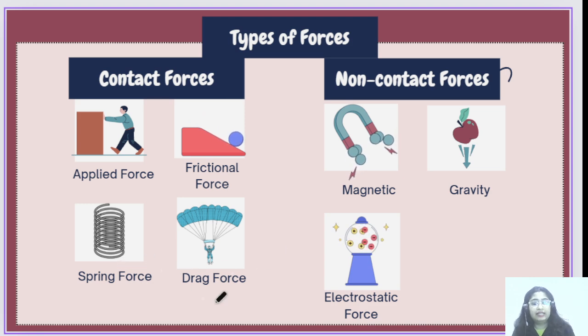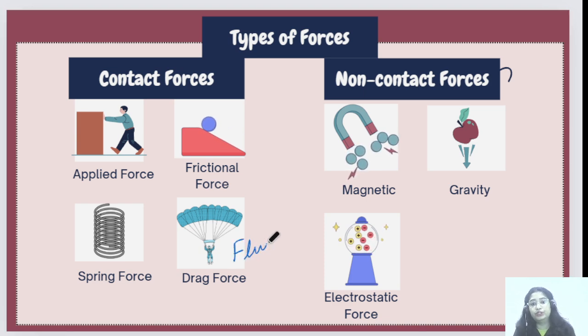And next up is the drag force. Drag force is basically the force mostly applied by air or liquid. Air or water, basically any fluid force is called the drag force. Here you can see this guy in a parachute.